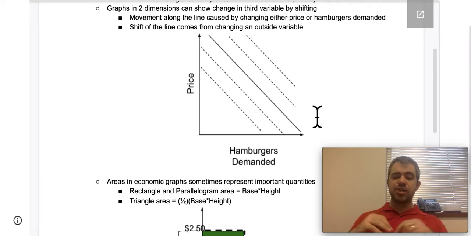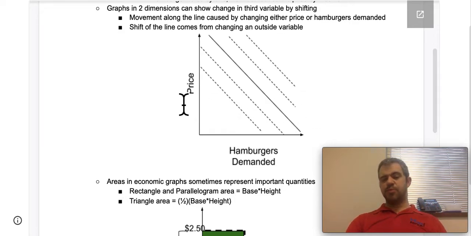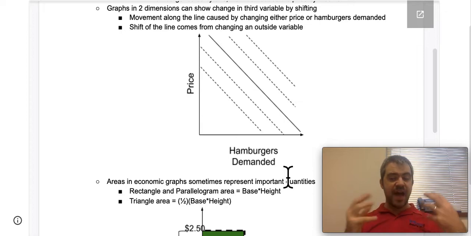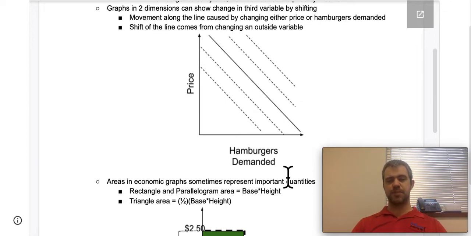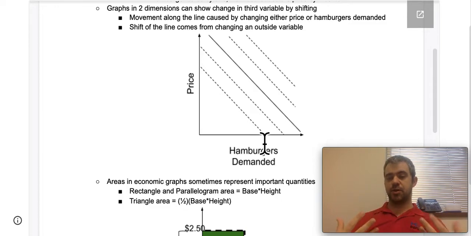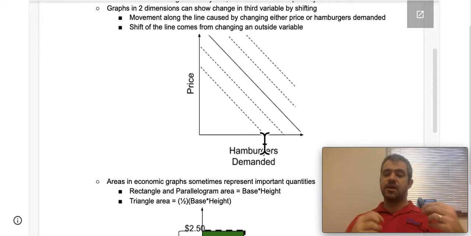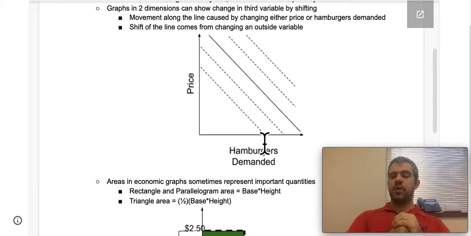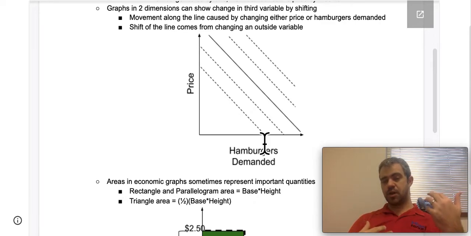But what if I change another variable that's not price, that's not hamburgers demanded, but it has an effect and it changes this relationship? So for example, let's say something comes out and it says, oh wow, hamburgers are really unhealthy for you. Here's a much better alternative. Then this entire relationship is going to change. So at any price, the amount that we demand is going to change.